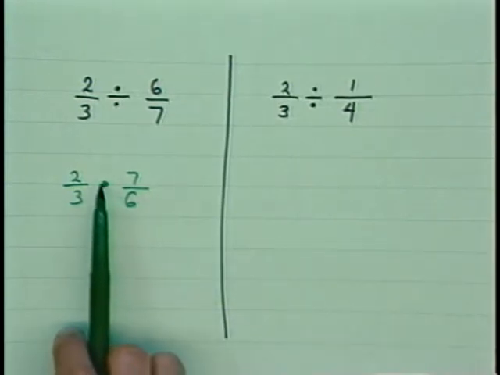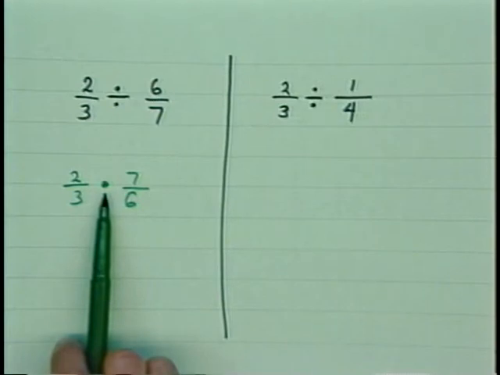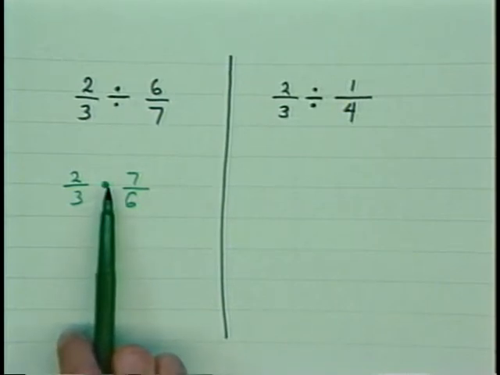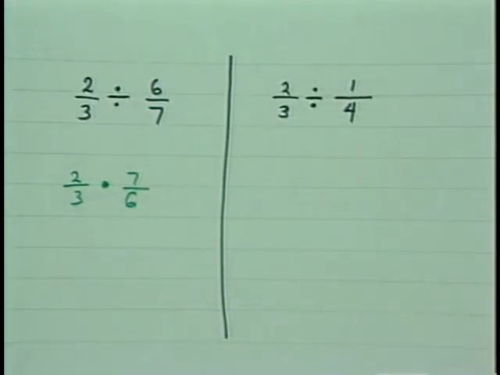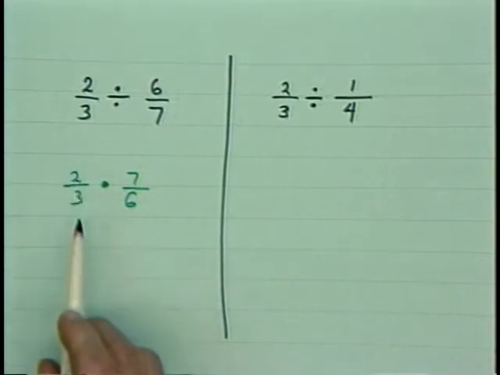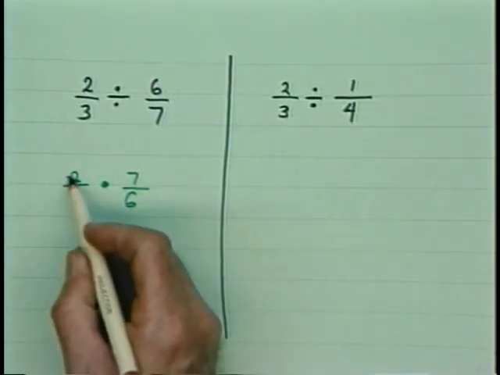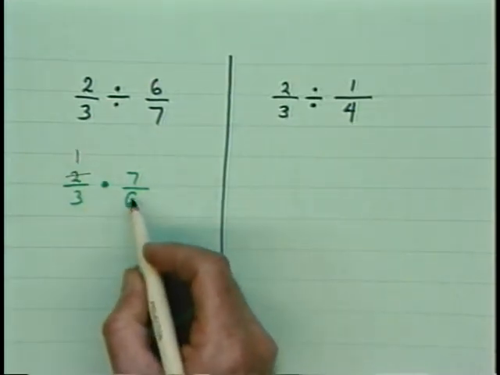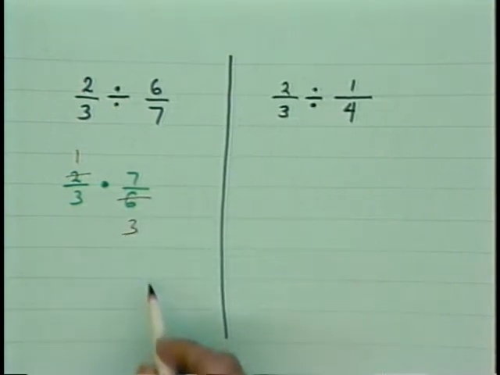So tipping upside down, reciprocal of, multiplicative inverse of are all three phrases for the same process. Then once it's a multiplication problem, we're in business. When we're multiplying, then and only then do we check to see if there's cancellation. And there is here between the 2 on top and the 6 on the bottom.